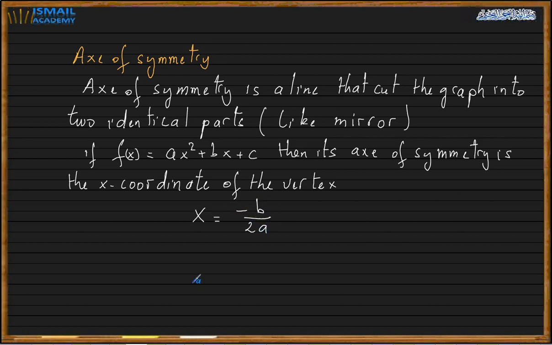So this is my axis of symmetry, and in the graph it's going to look like this. If I have my parabola, and this is my axis of symmetry, when I draw my parabola I just draw half of the parabola, and the other half I do by symmetry to get the whole graph.